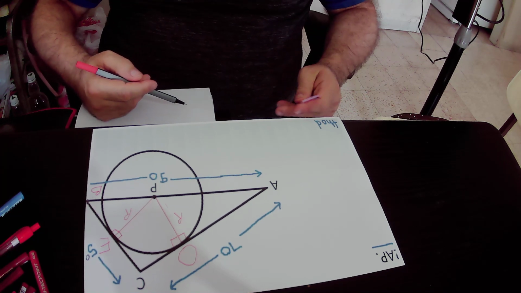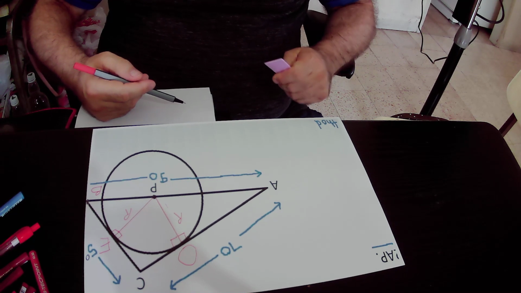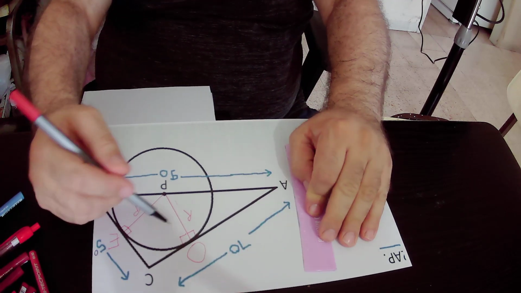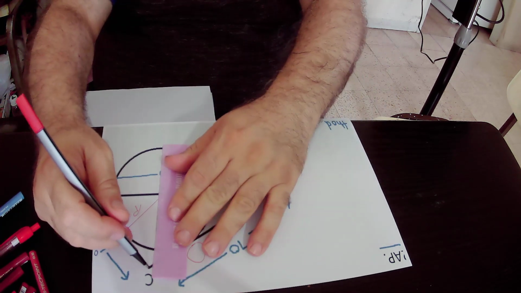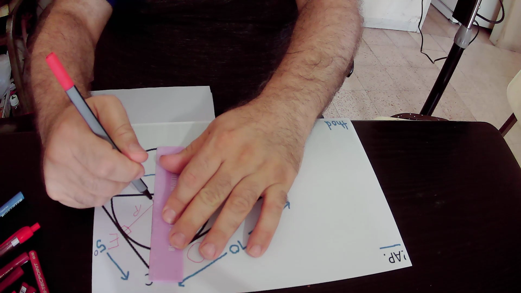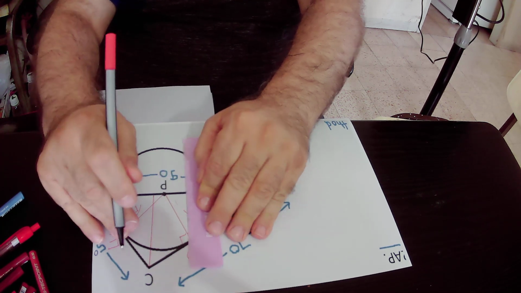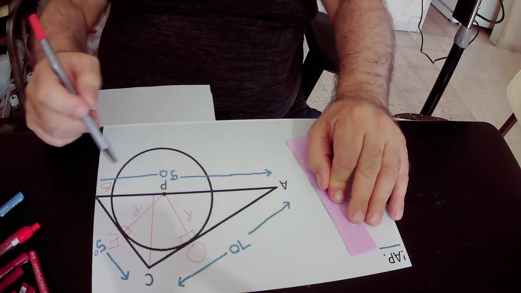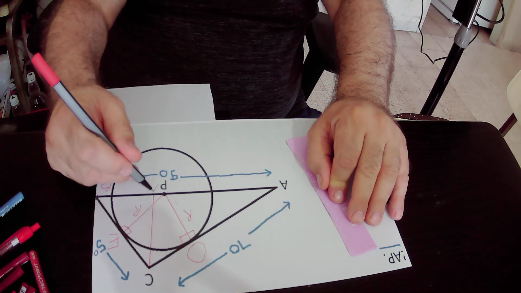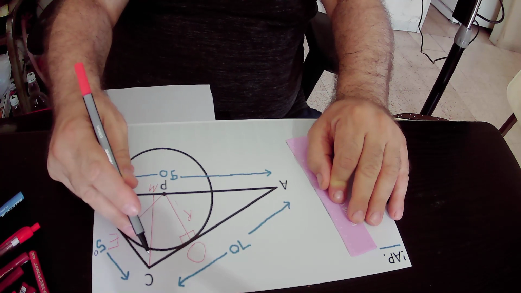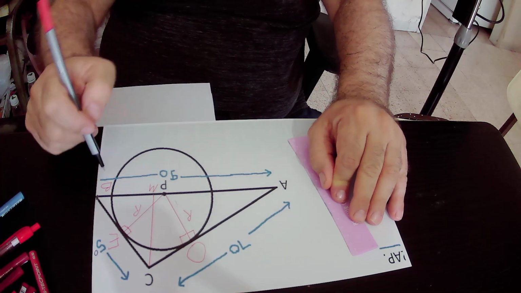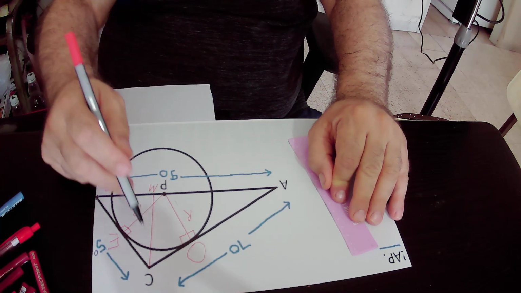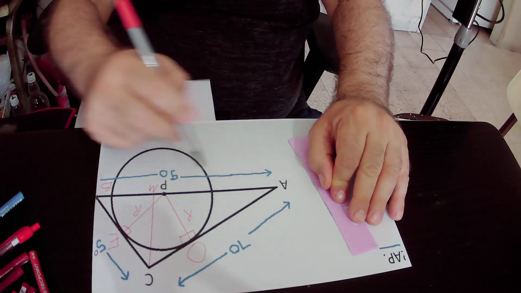Okay, in the next step, we will draw a perpendicular to side AB of the triangle, and we will call the touching point between the perpendicular and side AB capital M. So from point C, we draw a perpendicular to side AB of the triangle, and the touching point is point M. So CM is perpendicular to side AB.